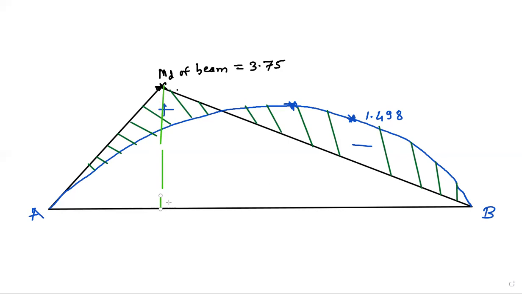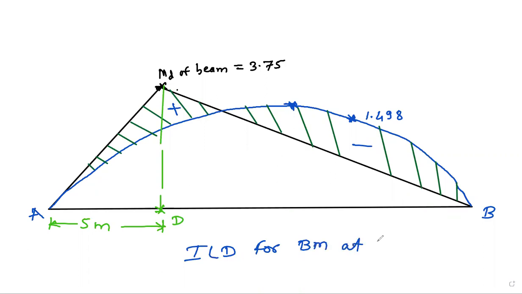This is at point D, at 5 meter. So this is your ILD for bending moment at D. It is very simple.